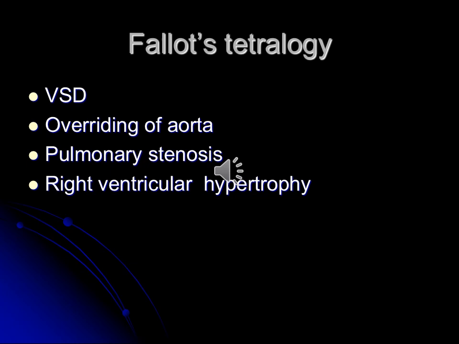So these four are called the cardinal features of tetralogy of Fallot. Everything is related to ventricular septal defect. So VSD, which results in overriding of the aorta, which indeed causes pulmonary stenosis, and that shall result in the right ventricular hypertrophy. In the succeeding slides, you will see a diagrammatic representation of tetralogy of Fallot.